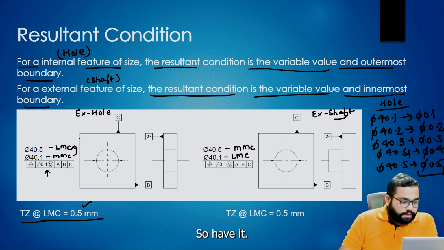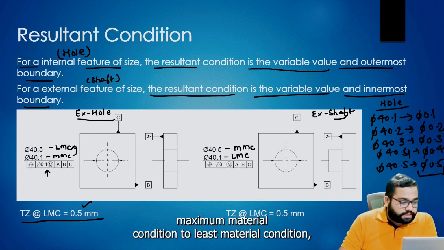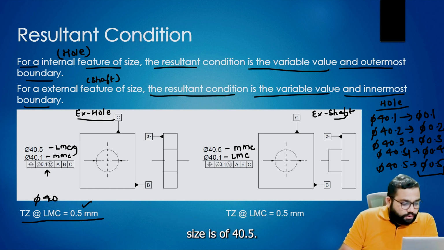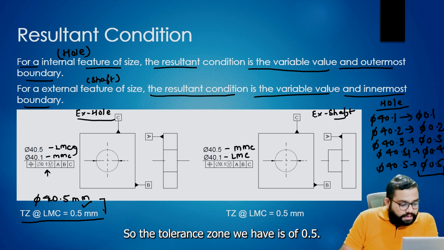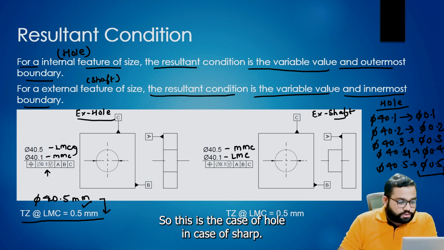When the hole size is 40.5 mm, the tolerance zone we have is 0.5 mm. So this is the case of the hole.